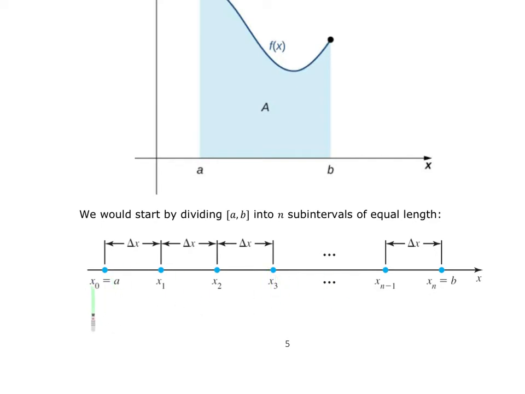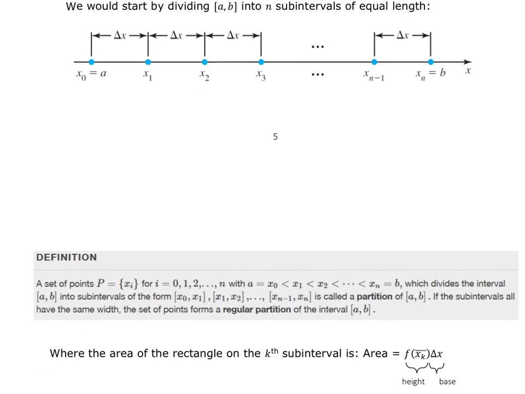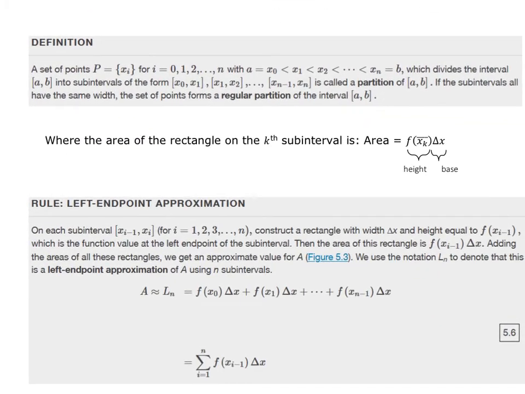I start out with x naught being A and x sub n being B. To make sure we have the same size intervals, we take the length of our interval, A to B, and divide it by however many pieces we want, and that's going to give us the delta x.